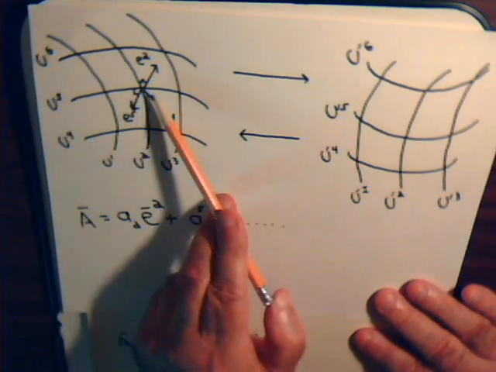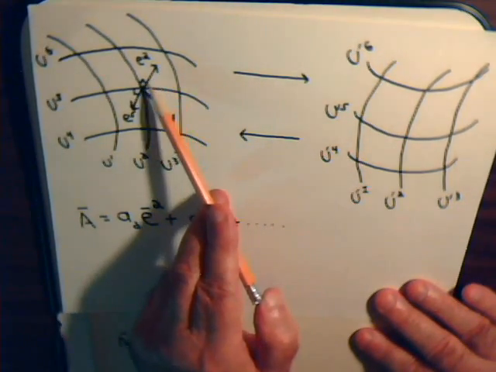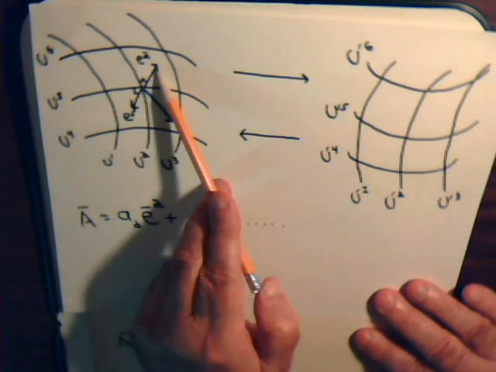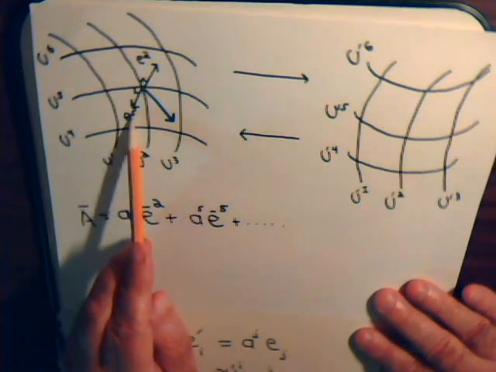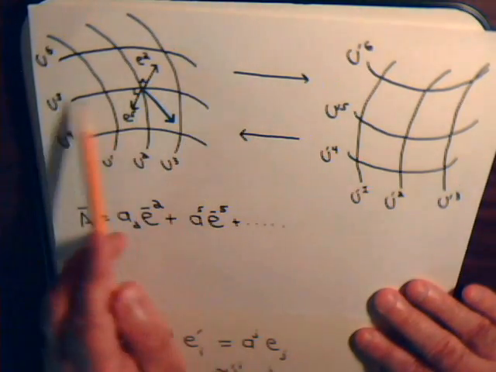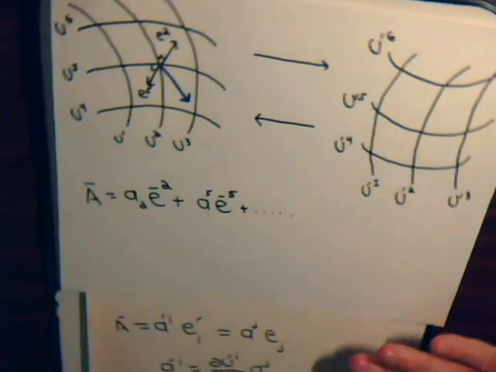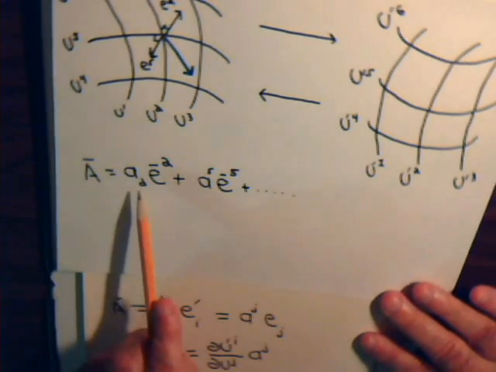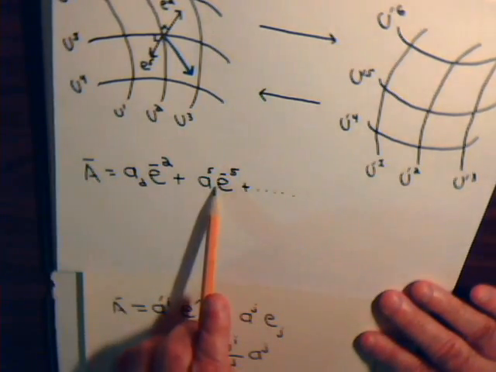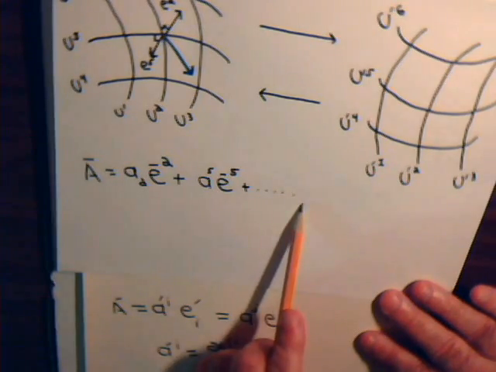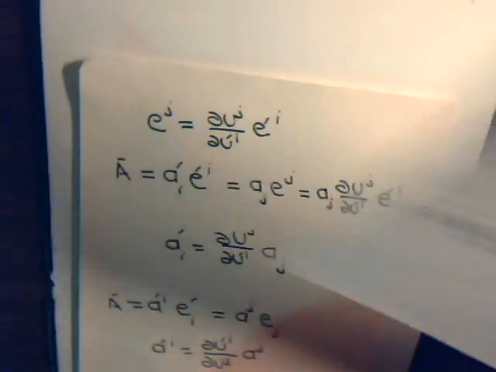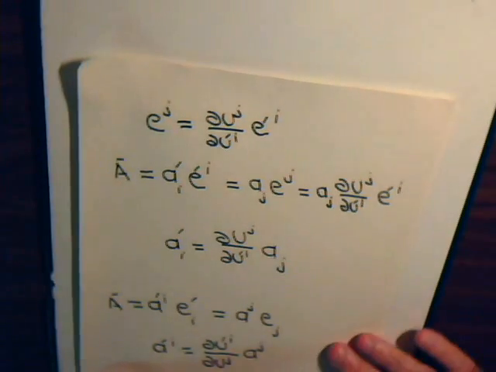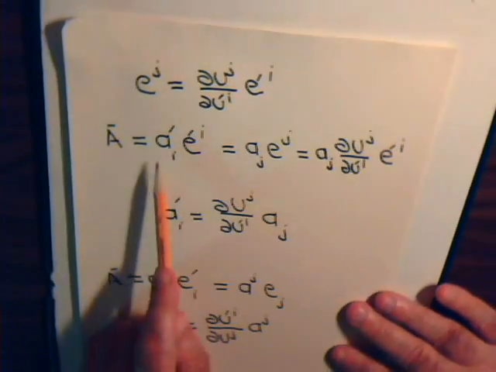Well, here now we have these orthogonal vectors. This is orthogonal to the coordinate axis u2. This one is orthogonal to the coordinate axis u5. And we can write A in the unprimed system. We have all the other components too. And we can also write it in the prime system. And that's what we're doing right here.